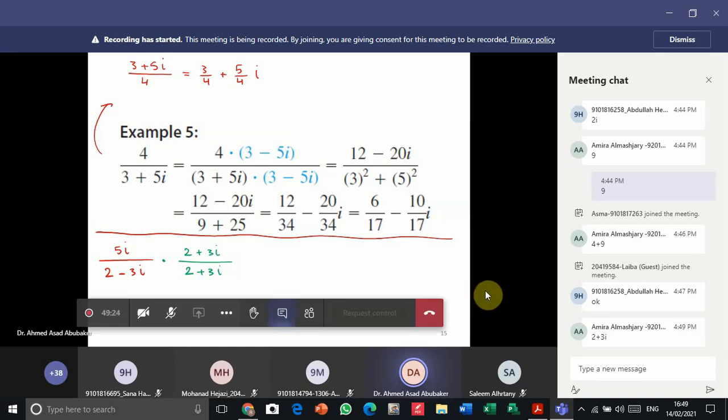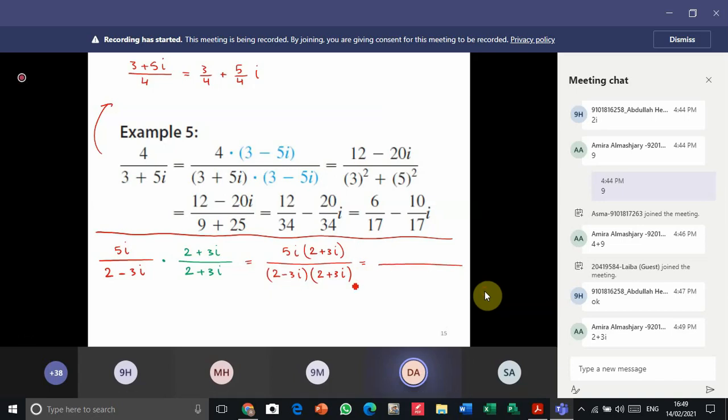Okay, 2 minus 3i multiply by 2 plus 3i. This equals directly in the denominator the first square plus the second square. Okay, like this.